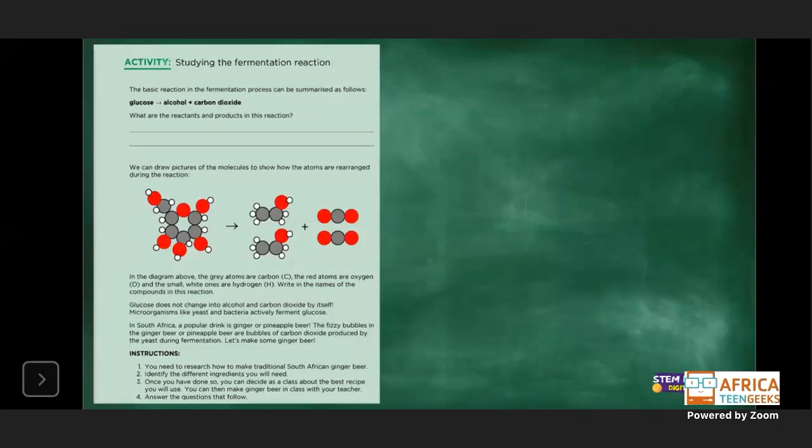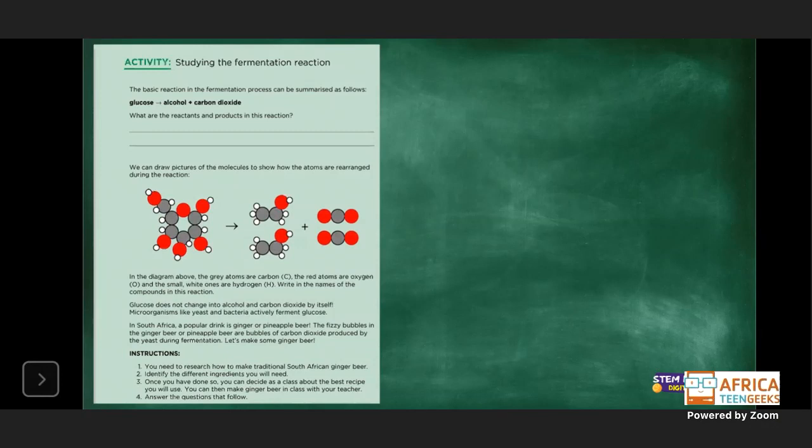Are we all following? The left-hand side always indicates our reactants, so that is a simpler way to remember this. So glucose is our reactant. Are we all following, guys? Great.